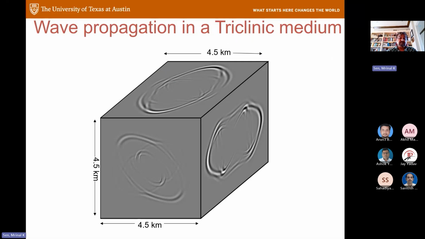It's homogeneous, but it's a triclinic medium, 4.5 kilometers by 4.5 kilometers by 4.5 kilometers. And you can see these wavefronts are very, very complicated in triclinic medium. Not that we have a lot of triclinic media in seismic exploration, but HTI, VTI, TTI can all be computed using this particular approach.